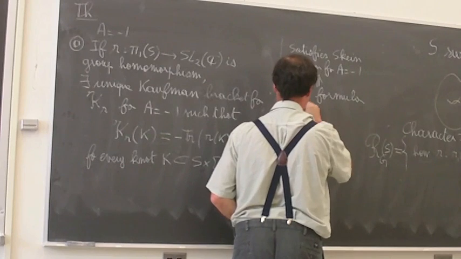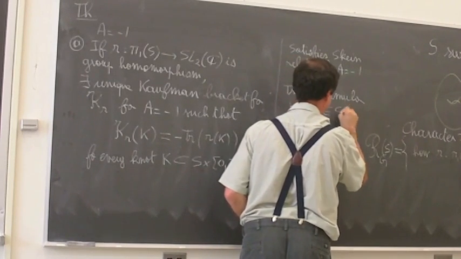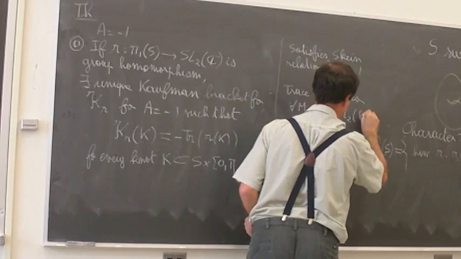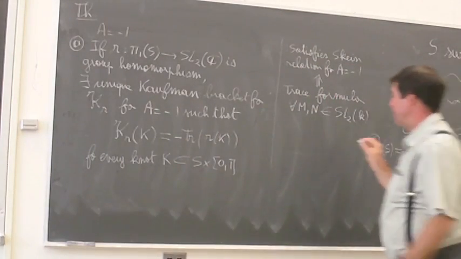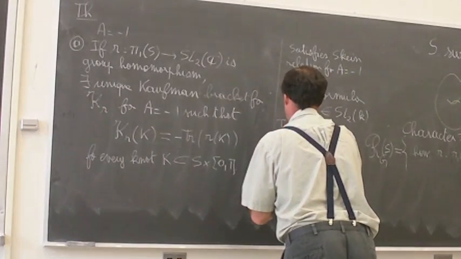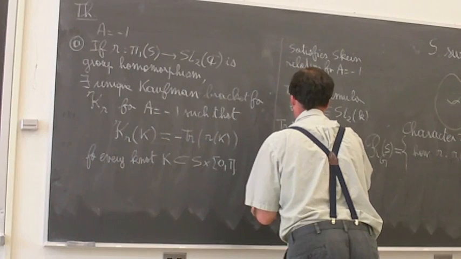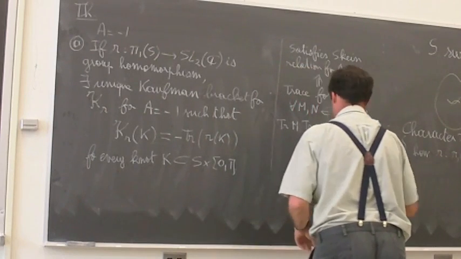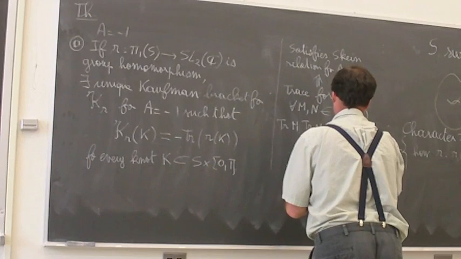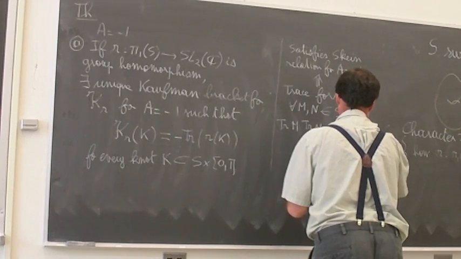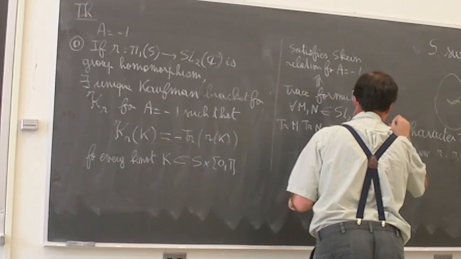which says that if I take two matrices, capital M and capital N in SL2 of a field K, the trace of M times the trace of N is equal to the trace of MN plus the trace of M N inverse.